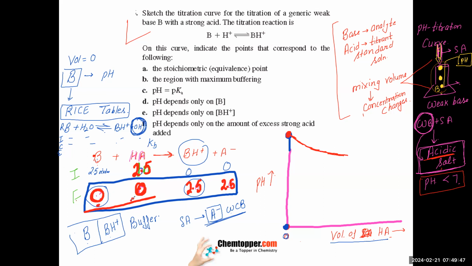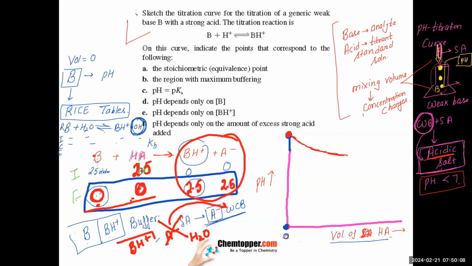equivalence point, right? Who is going to control the pH? What all is there at the equivalence point? At the equivalence point, you have BH plus, you have A minus, you have water. Who will control the pH? This you already know is a weak conjugate base, so it's not going to control.